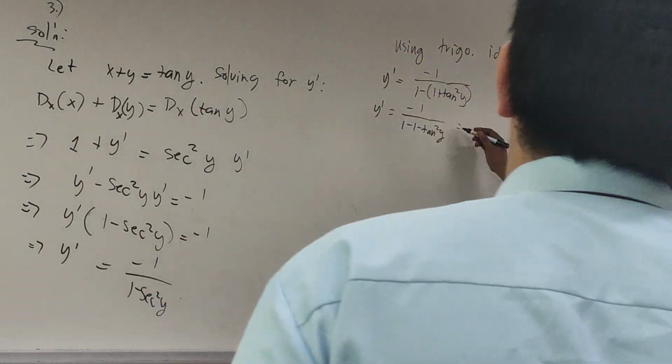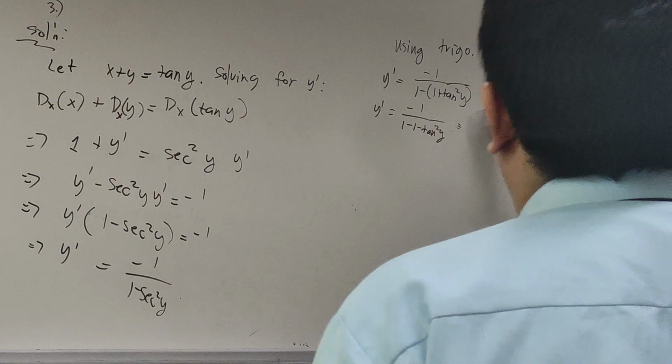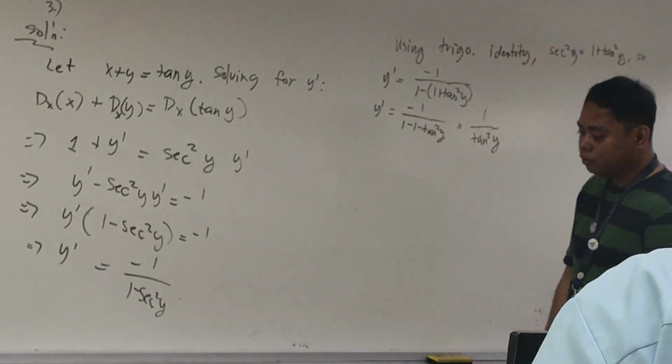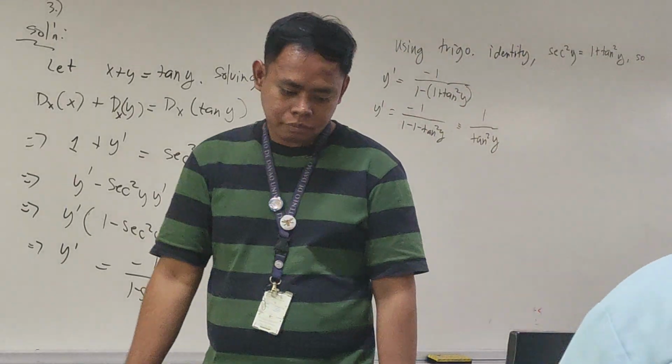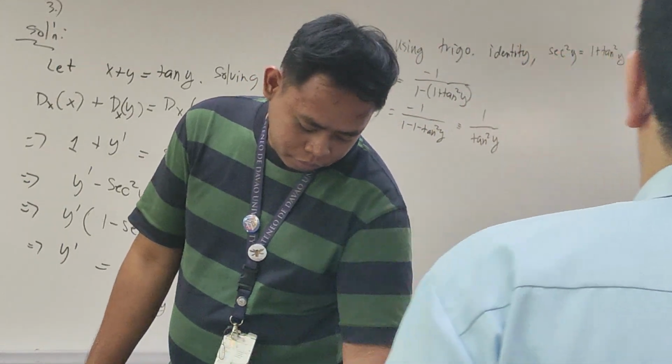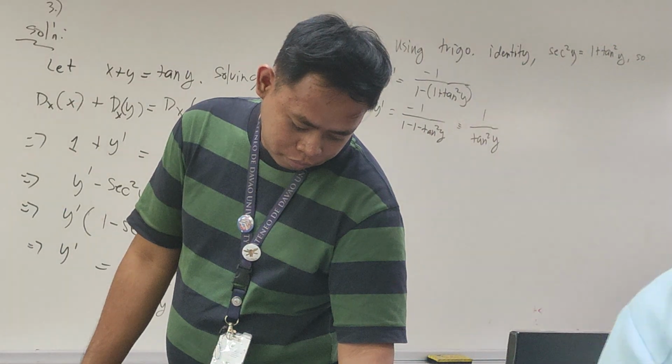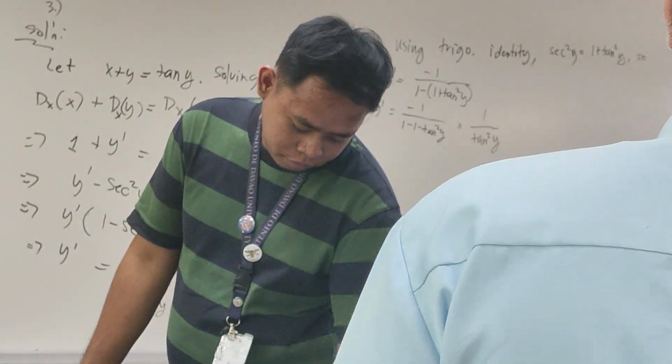So this is just 1 over tangent squared y. Negative over negative is positive.